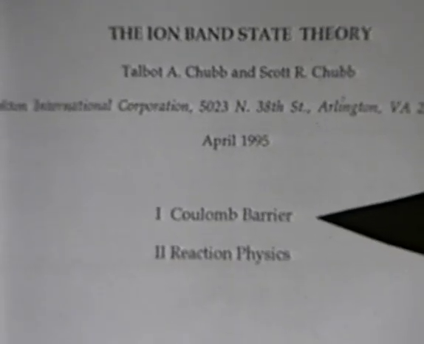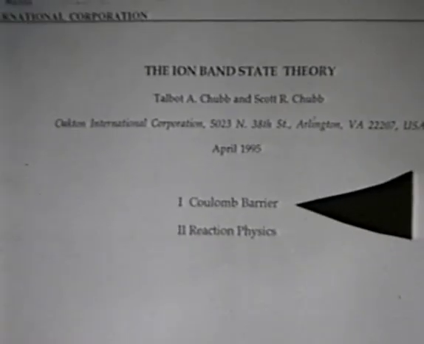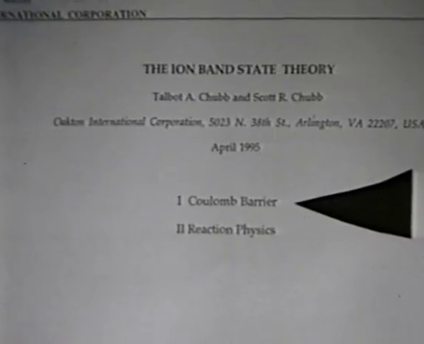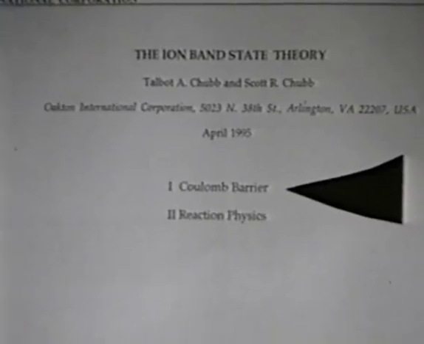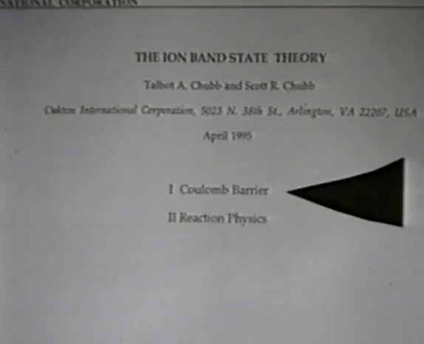Scott and I are going to split our time. I'm going to talk about the Coulomb barrier problem, and he's going to talk about reaction physics. I want to show 5 points in my portion of the talk. First, I want to show you that ion band state physics is mainstream physics.